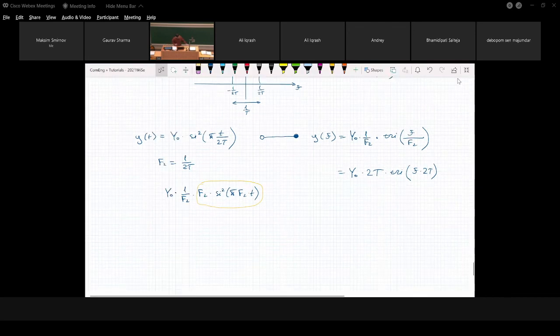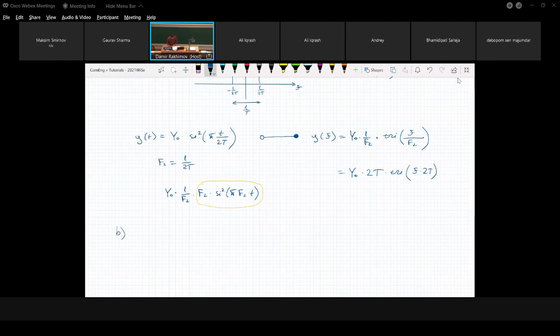Okay, let's continue. Let's go to the next part. I hope we have time to cover part B. We need to draw the signal at intermediate frequency. First we can just write it, and probably we stop at this point.